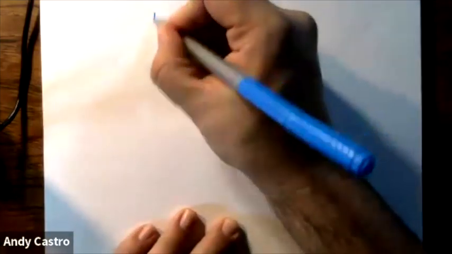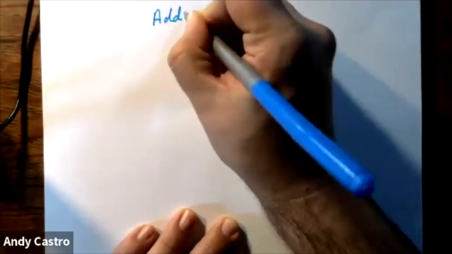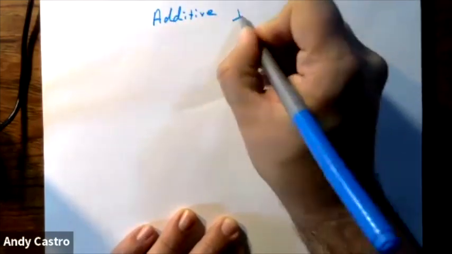All right, some of the stuff that I'm going to do here is going to seem really simple and really straightforward, but it's one of the things that students struggle with the most, and that is ones and zeros. Ones and zeros are very difficult in algebra. It's going to look simple, but believe it or not, we're probably more than likely going to struggle with it. So the first one is known as additive identity.